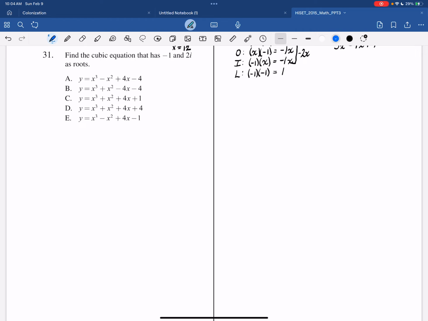So the basic formula, the generic form of a cubic equation, remember cubic means that there are 3 roots to this equation, would be a, which is your coefficient, times x minus the first root, times x minus the second root, times x minus the third root.